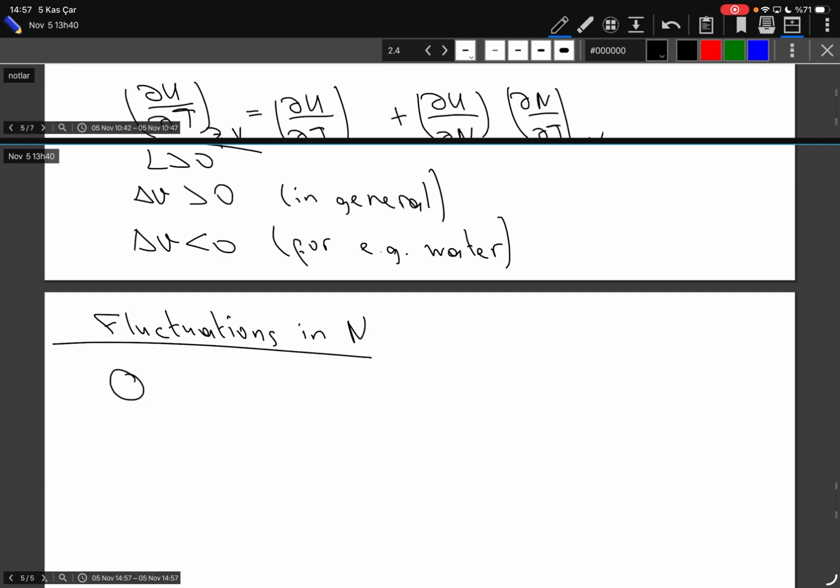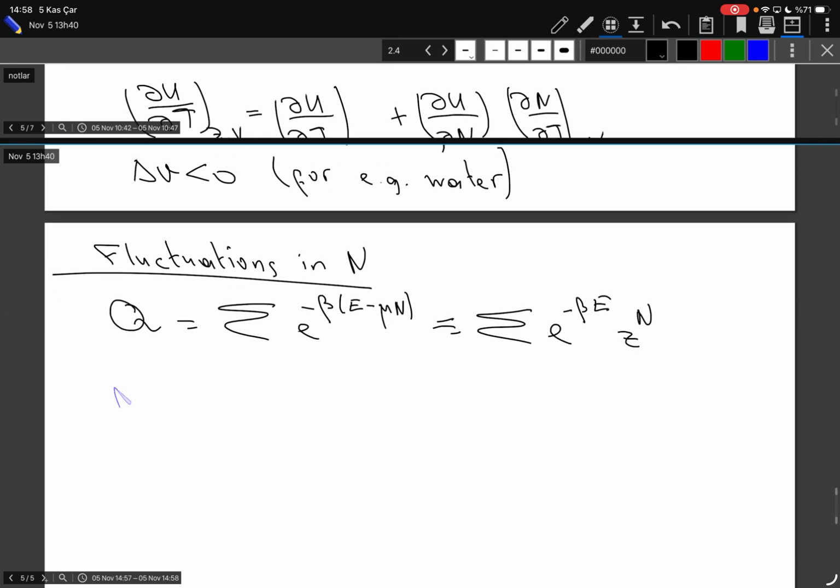Well, just a reminder, the Grand Canonical partition function is given as the sum over e to the power minus beta (E minus mu N), which you can also write as the sum over e to the power minus beta E times z to the N, whichever one you prefer.